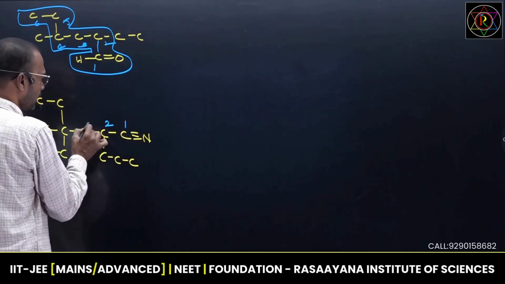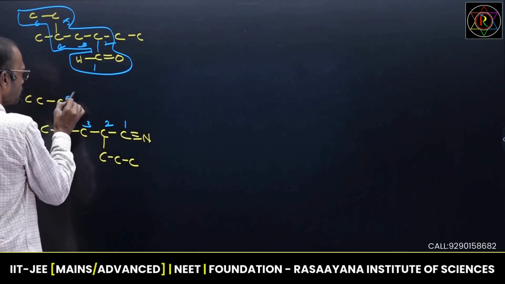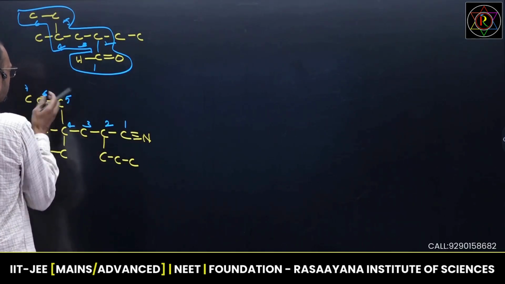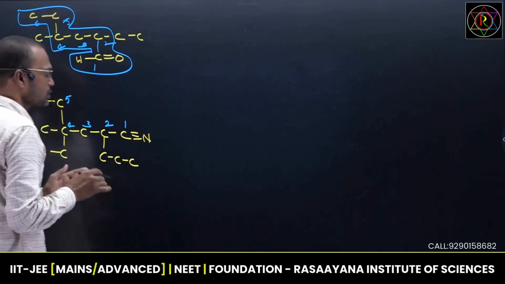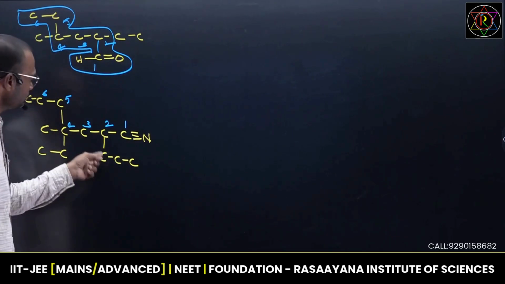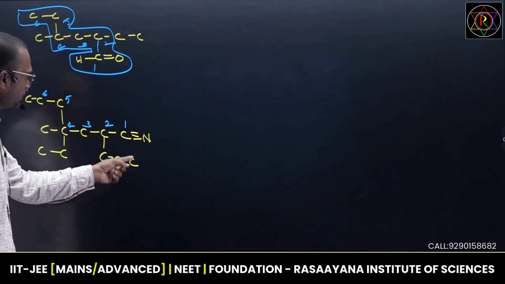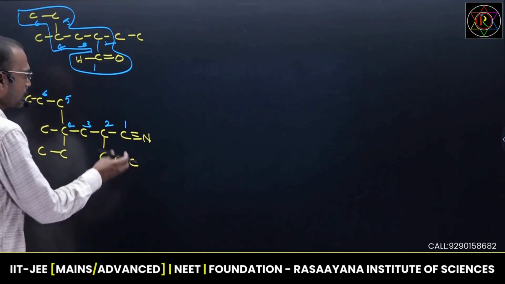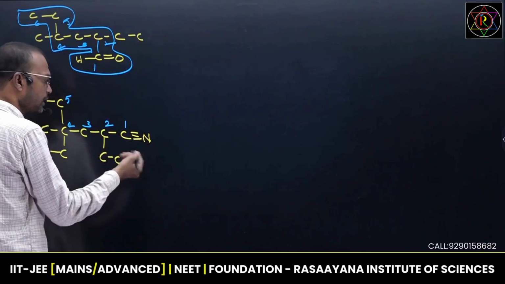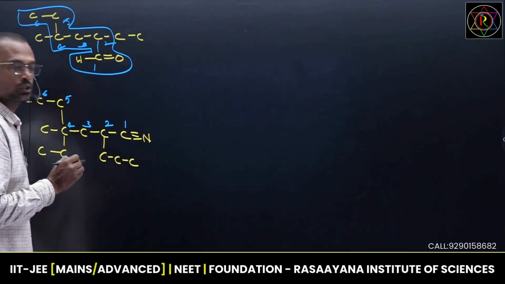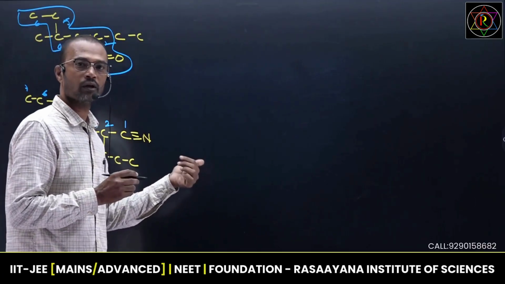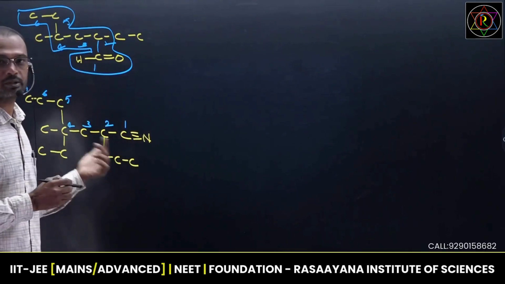So 1, 2 and this is 3, 4 and this is 5, 6 and this is 7. So irrespective of the other direction, see, if you consider this side, more number of carbon chain is present, but that is not the parent chain. But if you consider this side, we are starting numbering or selecting a parent chain from the carbon functional group. So this second rule is applicable only when carbon functional groups are present.